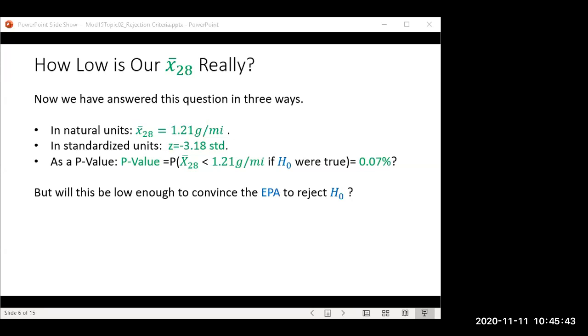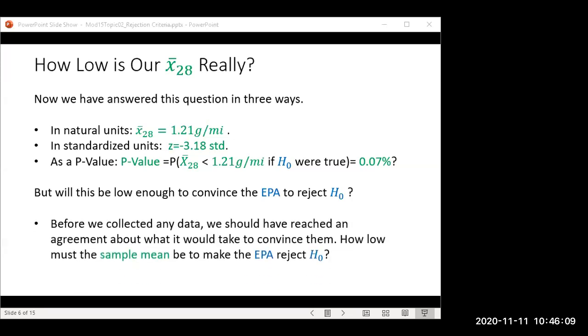All three of these are telling you just how far out near the tail of the null hypothesis distribution our result was. The question is, is it far out enough to convince the EPA to reject their hypothesis?